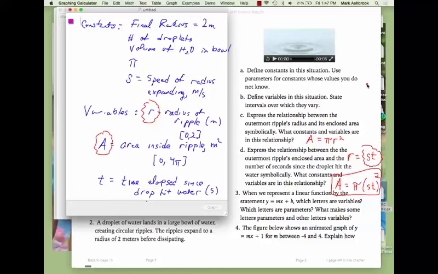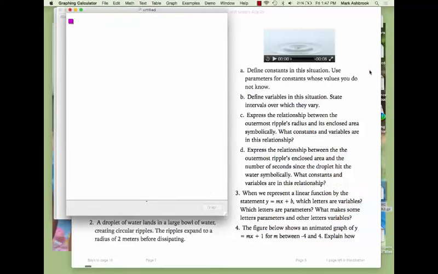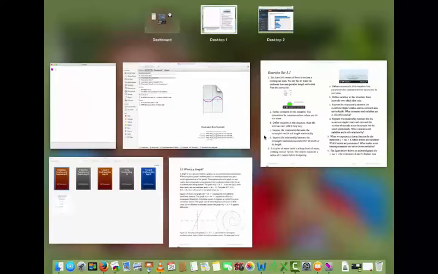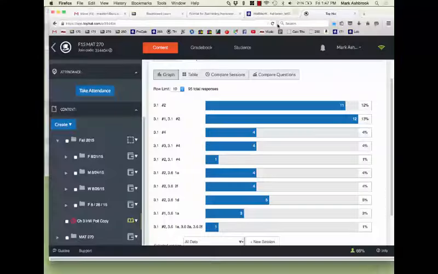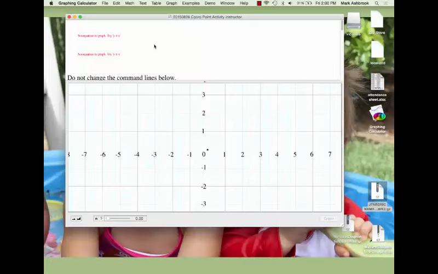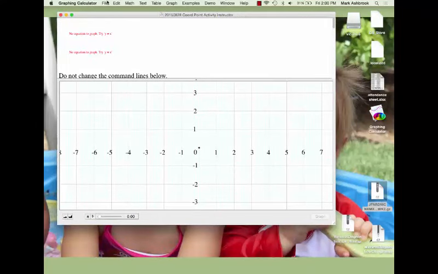Okay, let's do the Top Hat reading. Find the file. Are you able to open it? Okay, does it look like this? I'll give everybody else a moment.